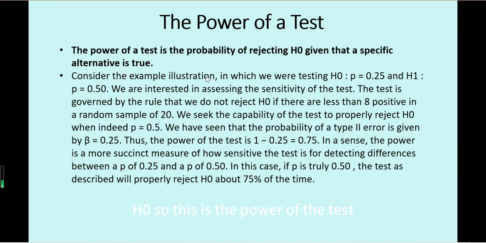This is the power of the test. The power of the test is quite similar to the notion called accuracy in machine learning, which is the proportion of the time you are correct.